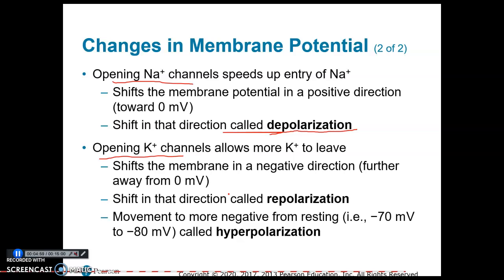And since potassium is positive and you're losing positive charge, it's going to make the membrane potential more negative. And that is called repolarization. And then if you go even more negative than -70, like -80, -90, that is called hyperpolarization.